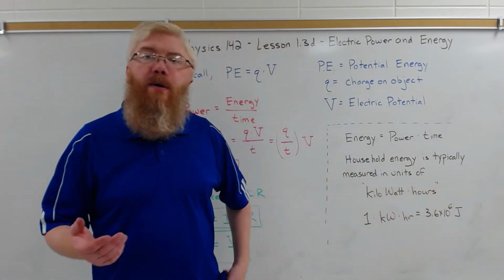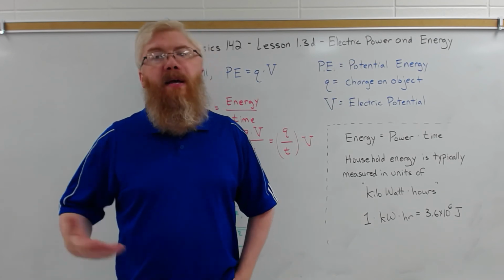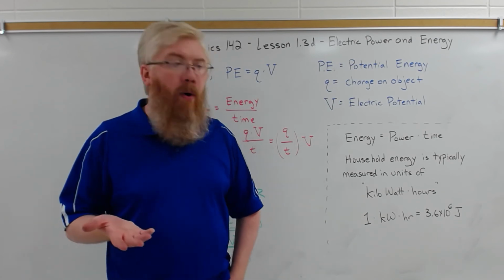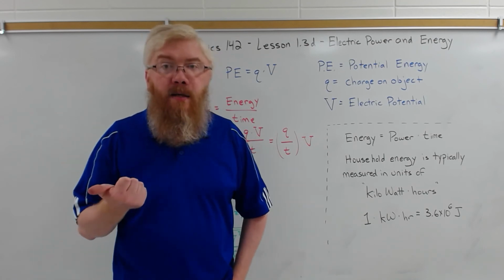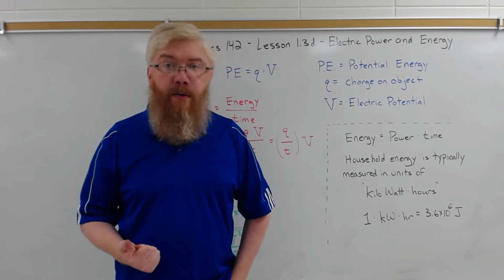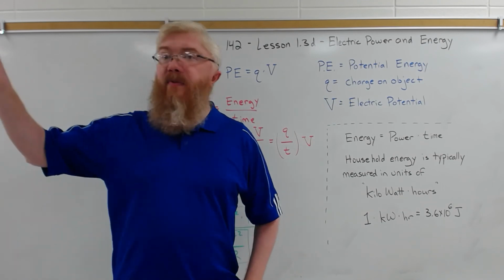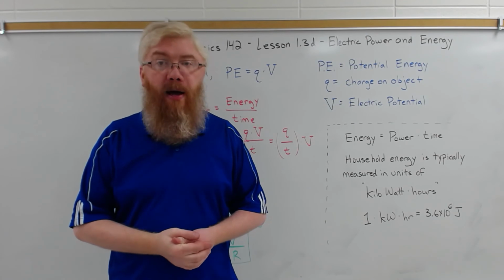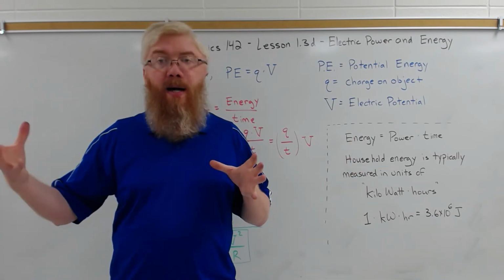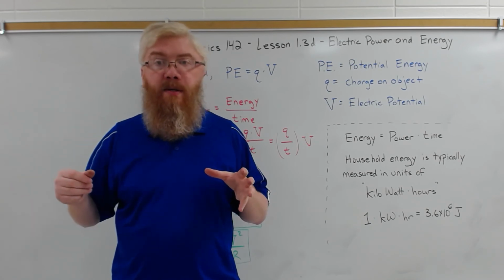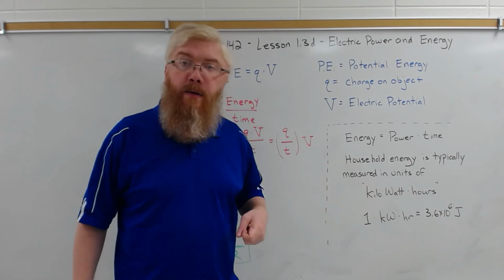And kilowatt hours are a little easier to understand for household use because if you think about it, a kilowatt hour is 1,000 watts for an hour. So if your hairdryer is 1,000 watts and you turn it on for an hour, that's 1 kilowatt hour of energy that you used. If you have 10 100-watt light bulbs in your house and you turn them all on for an hour, 100 watts for an hour is 100 watt hours, times 10 is 1,000 watt hours, which is a kilowatt hour.